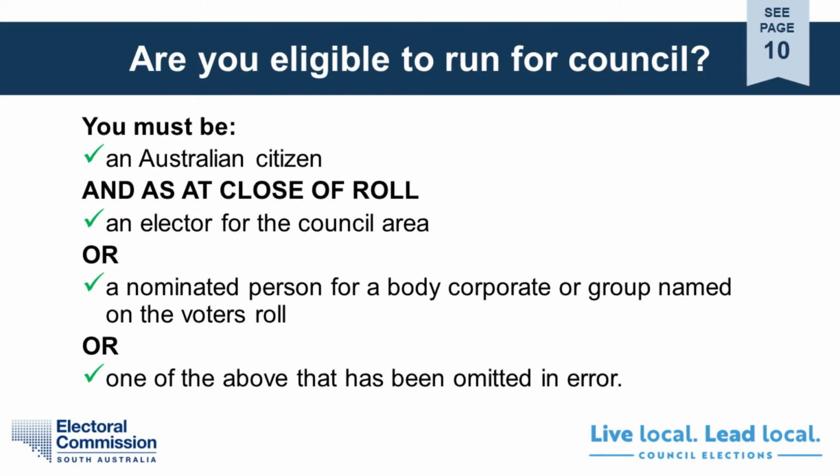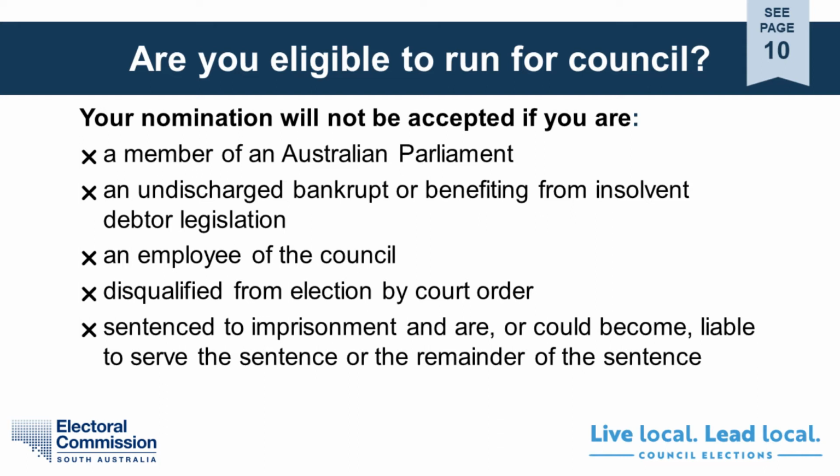If you have been left off the voters' roll in error, you may also be able to nominate following the completion of an omission in error form. There are also a list of reasons that will make you ineligible to be a candidate.